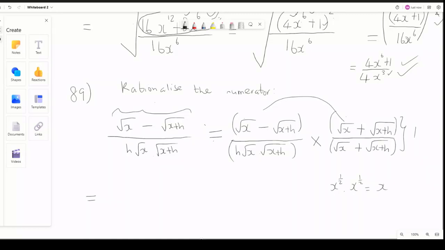Well, the bases are the same, so I add the exponents. Half plus half is 1, so it's x to the 1. So if you say square root of x times square root of x, the answer is just x, okay? So square root of x times square root of x is x.